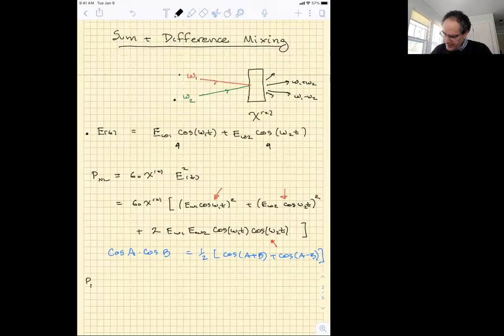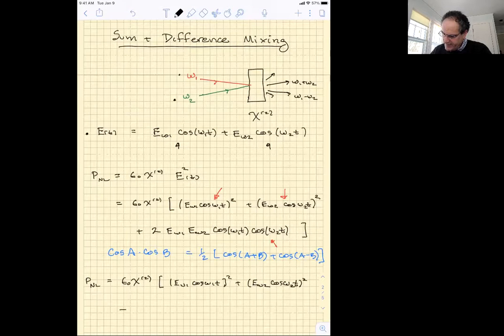The nonlinear polarization will again include the first two terms, which we're not that interested in. I'll just write them as they were before, quickly, because at the moment I don't care about them, but of course they're there.